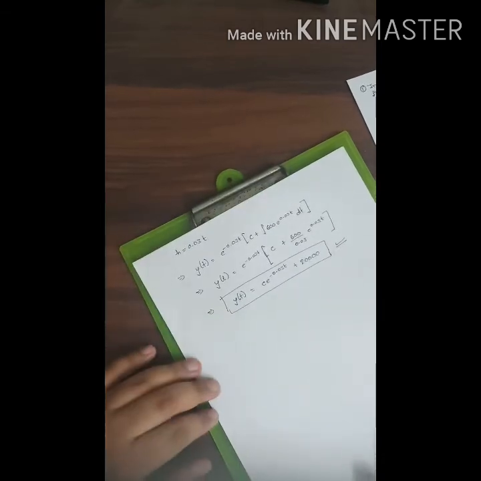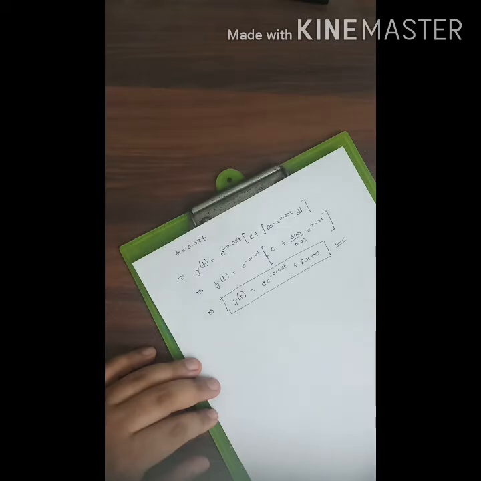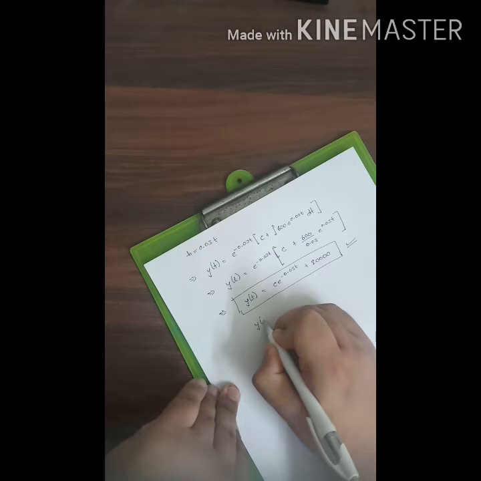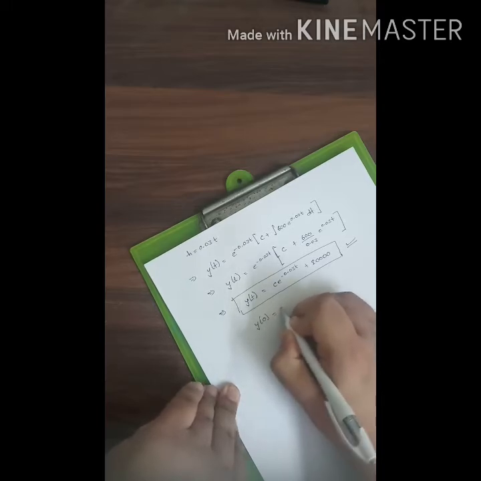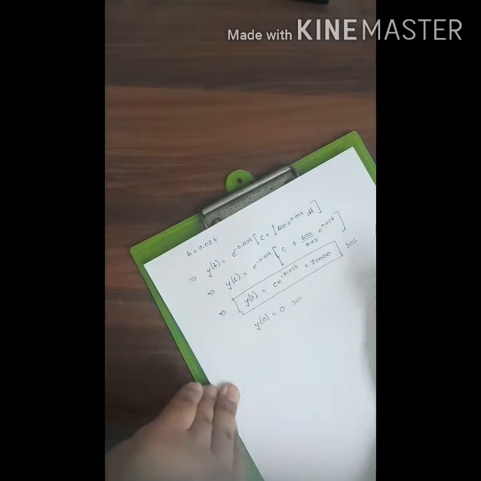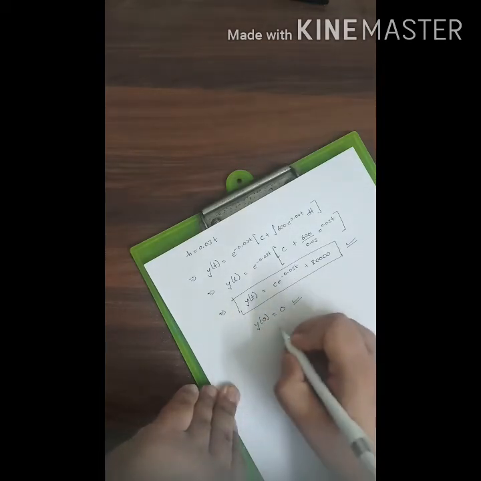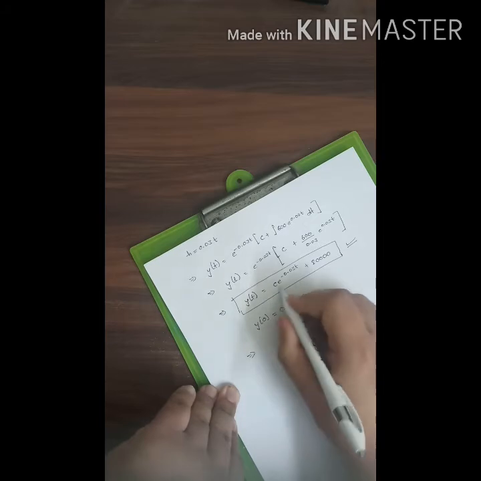Next, the given problem is also an IVP, that is, initial value problem, and the initial value given is that at t equals 0, the value of y is 0. So as simple as that, let's put t equals 0 in this equation.